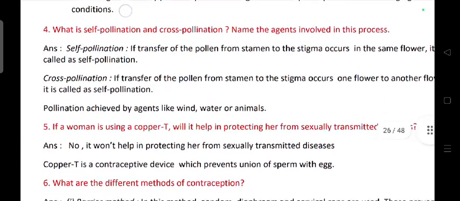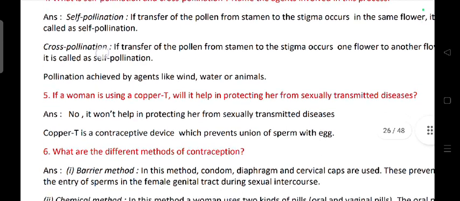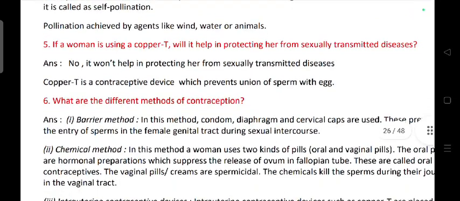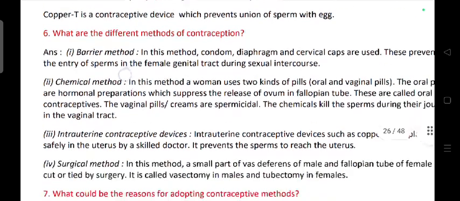What is self-pollination and cross-pollination? Name the agent involved in this. This is an important question. Next one, if a woman is using copper-T, will it help in protecting her from sexually transmitted disease? No, it won't help to protect her from sexually transmitted disease. Copper-T is a contraceptive device which prevents union of sperms with egg.